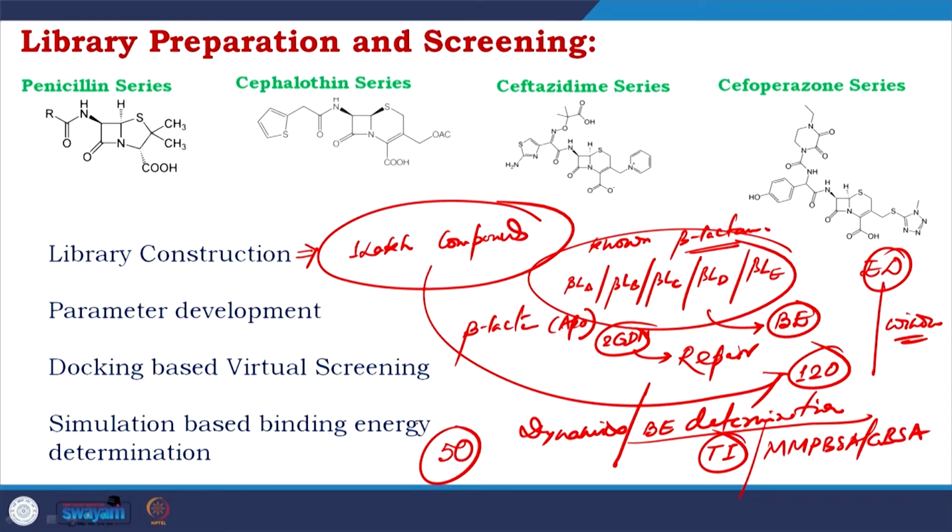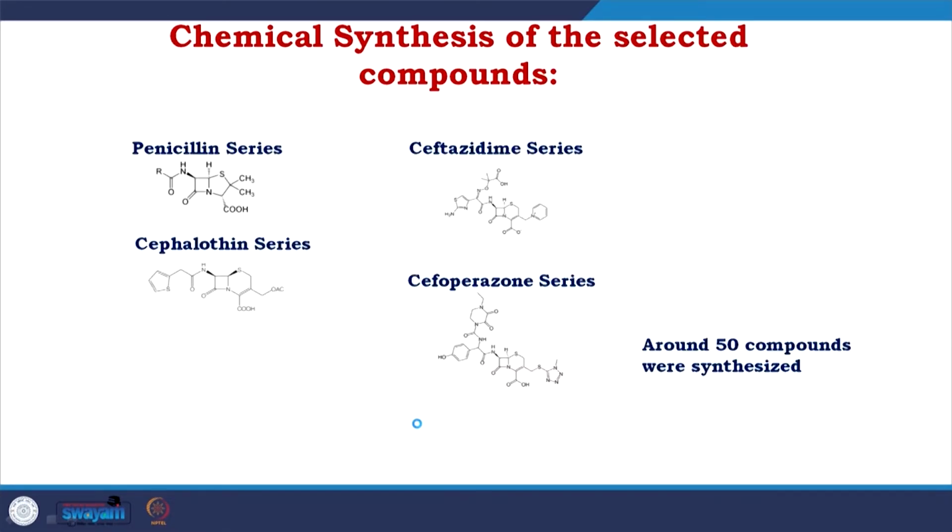Then from 120 we do the molecular dynamics along with binding energy. For binding energy, we take thermodynamic integration and PBSA GBSA, and we come to 50. All the 50 compounds coming from all the series, they are all synthesized.